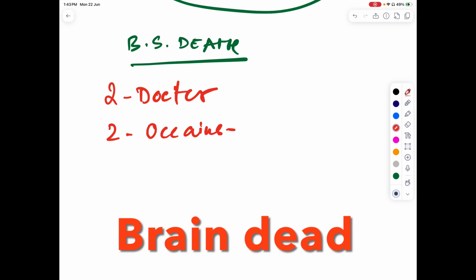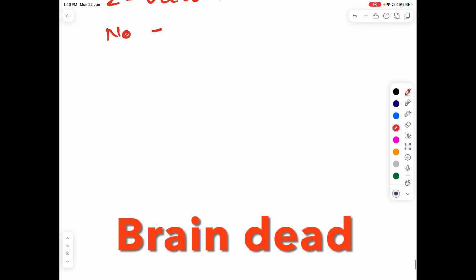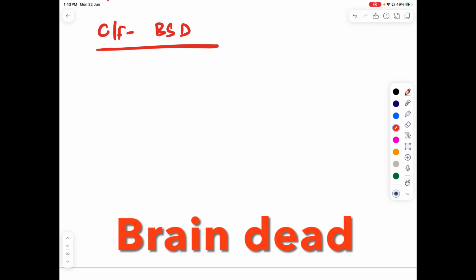At least one should have GMC full registration for more than 5 years, and no one should be part of the organ recipient scheme. What are the clinical features for brain stem death? What points are to be considered?